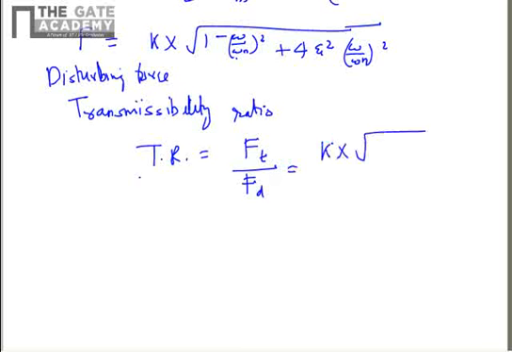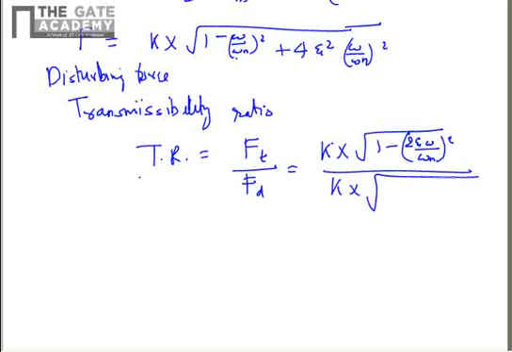So F transmitted is kX times the square root of 1 plus (2 zeta omega by omega n) whole square, divided by the disturbing force, which is kX times the expression inside the square root, (1 minus (omega by omega n) square) whole square plus (2 zeta omega by omega n) whole square. So kX and kX will get cancelled out.